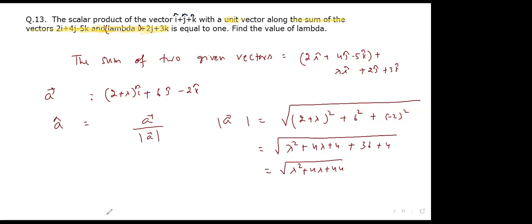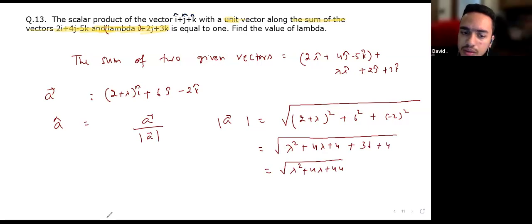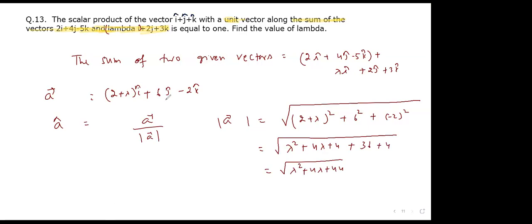Now we need to find the value of lambda, the scalar product of the vector i plus j plus k. So let us suppose it's B vector. B vector is i plus j plus k vector. We need to find the scalar product, and scalar product means dot product.